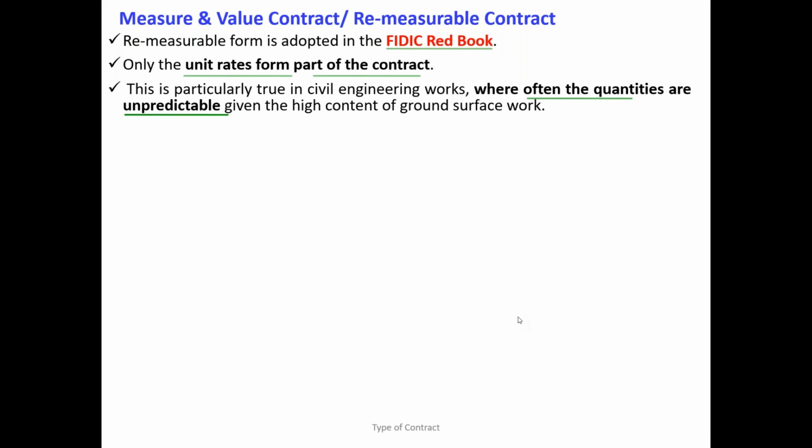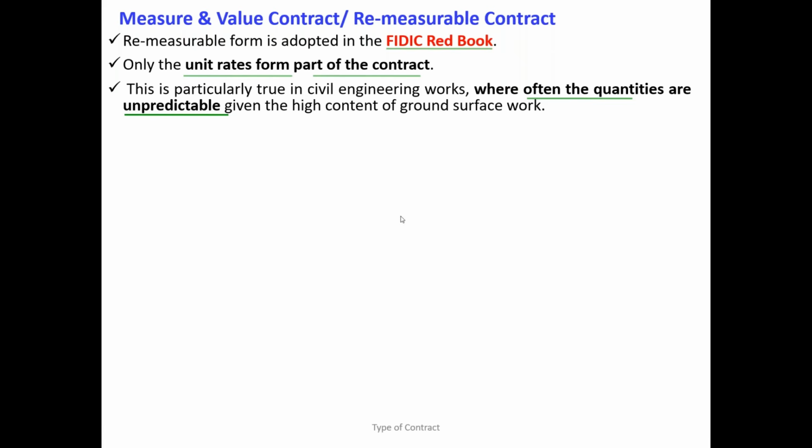Impossible. You can take some number of soil reports randomly, but it is not possible to cover the entire space throughout the roadway. So it is unpredictable. Therefore, we cannot predict the quantity and the nature of the work.